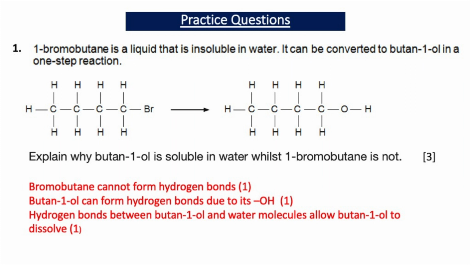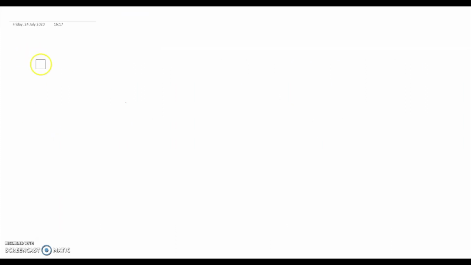Now, some people will prefer to draw a diagram here to expand their answer, and I'm going to show you a suitable diagram that you could draw. Now, if I had to explain why any alcohol dissolves in water, I would draw a diagram. So I'm going to draw butan-1-ol here, and in butan-1-ol I have the OH on carbon 1.